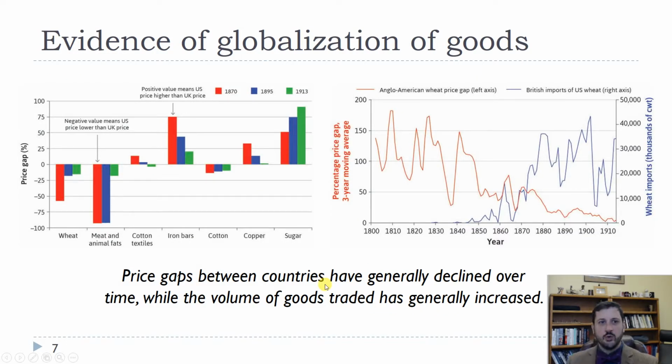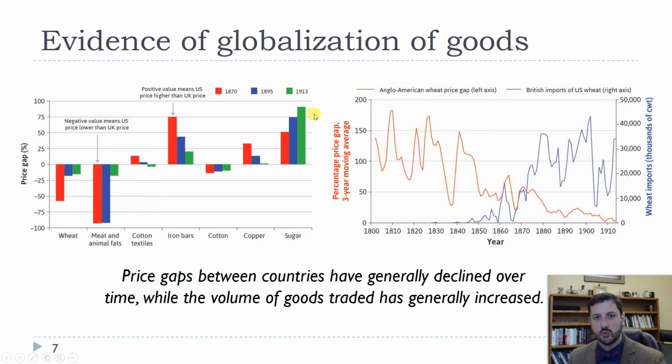And so we can see this. This looks at the difference between prices between the United States and the UK. And so a negative value here means that the US has a lower price than the UK. A positive value means the US price is higher. And you can see, so the red lines are 1870, the blue lines are 1895, and the green lines are 1913.